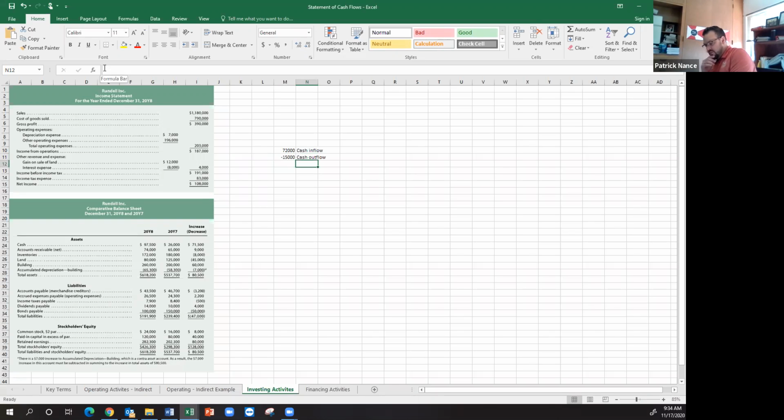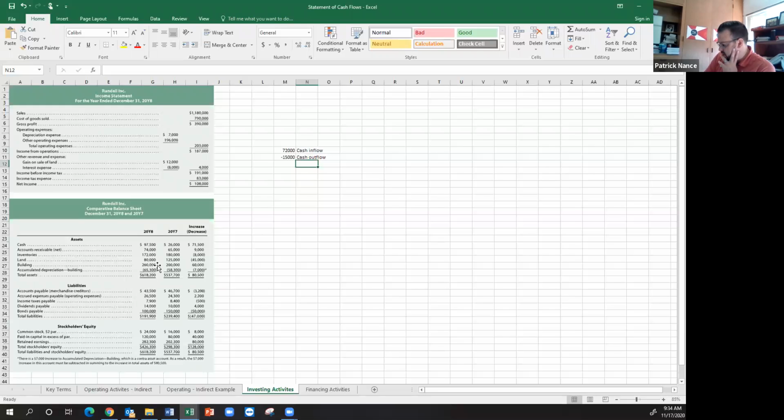The other thing is that we have the building account, another fixed asset, that went from $200,000 in 2007 to $260,000 in 2008. So the purchase of the building for cash.